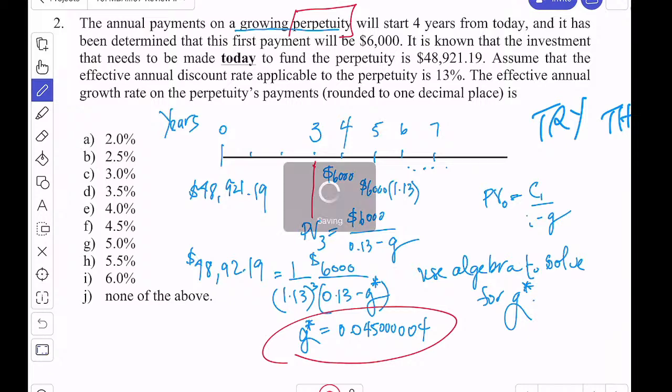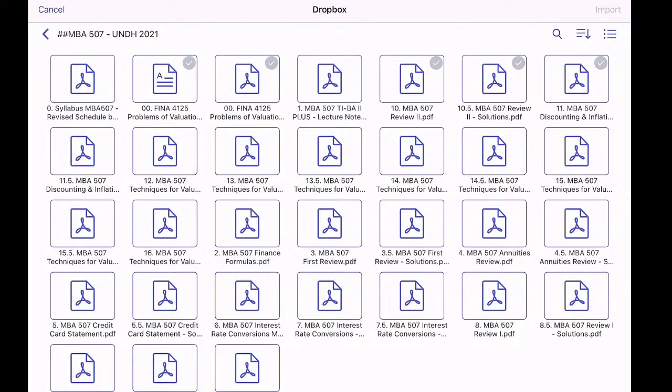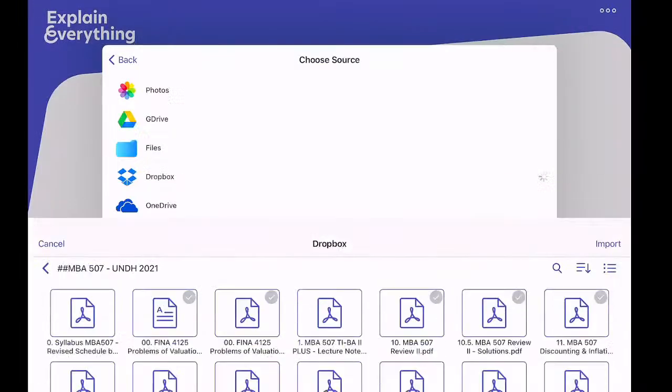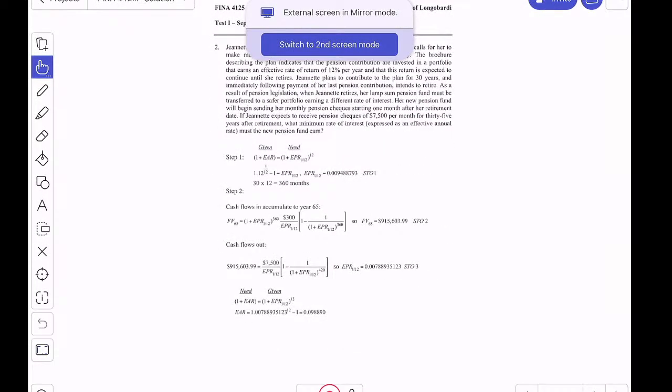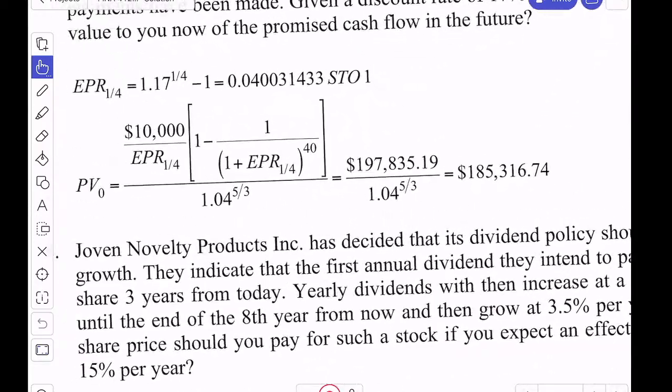Did anybody do number 8 from the test? Okay, these are the answers. Well, 7 and 8.